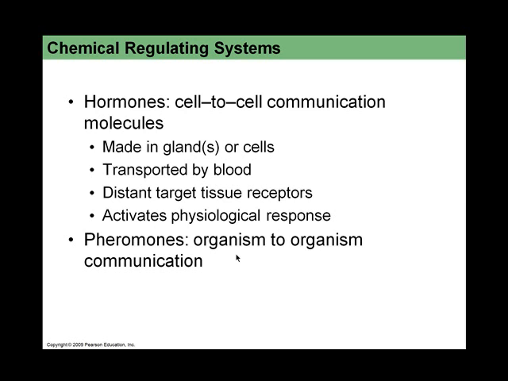Pheromones are another type of chemical signal, but they are from organism to organism, and strictly speaking, they are organism to organism within the same species, so they are intraspecific chemical messengers. So for one species of butterflies, the pheromones that it secretes are really to have a target effect on another organism of the same species, the same kind of butterfly.